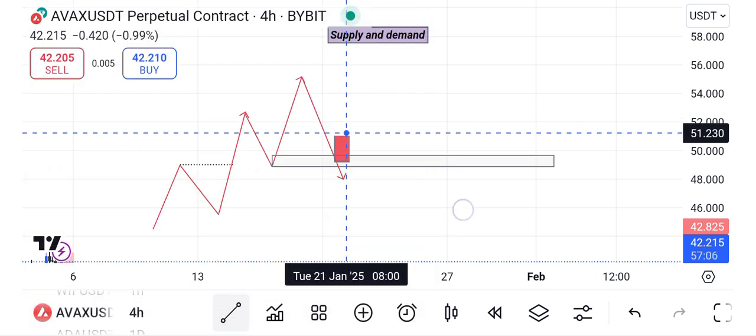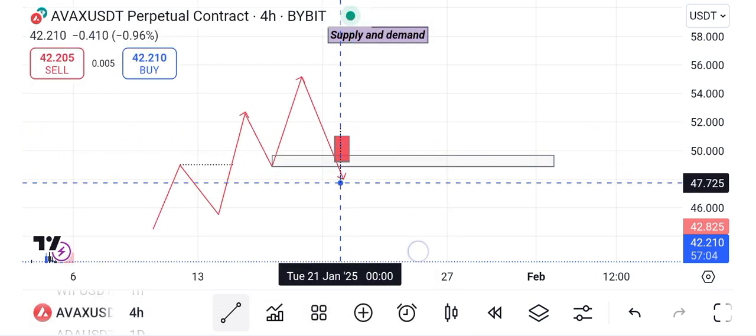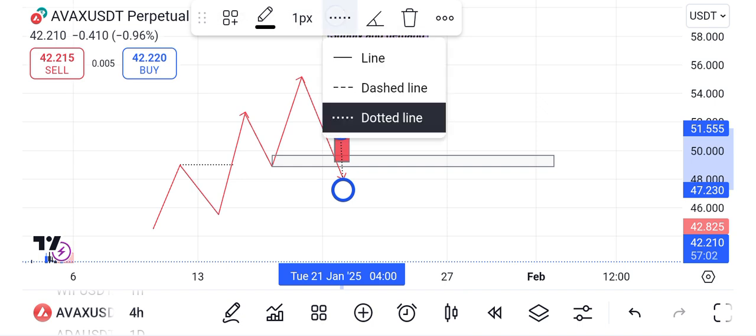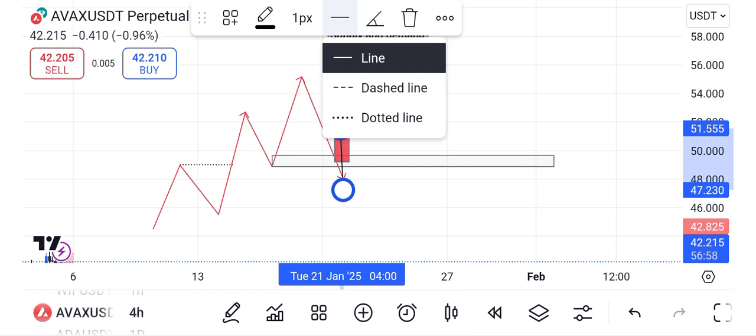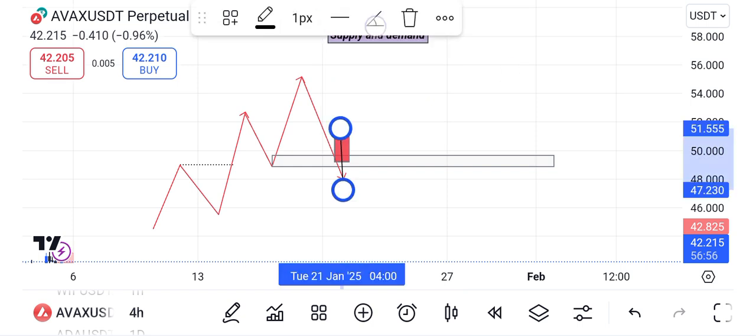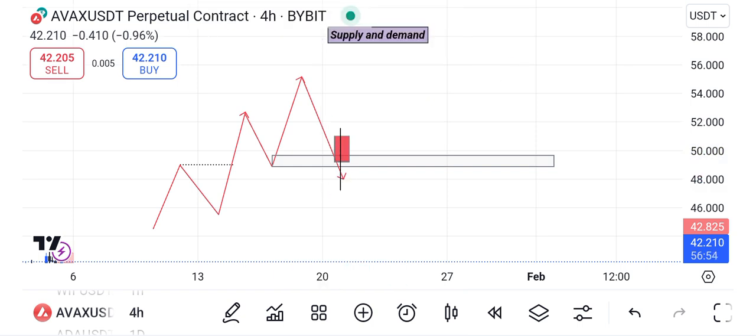When you have a wick just sweep liquidity at that point and close, your demand zone is still very much valid, when we just have a sweep of that zone below your demand zone and the price pushes up from there. Then you go to your lower time frame and you look for entries. That is just how to trade demand zone.